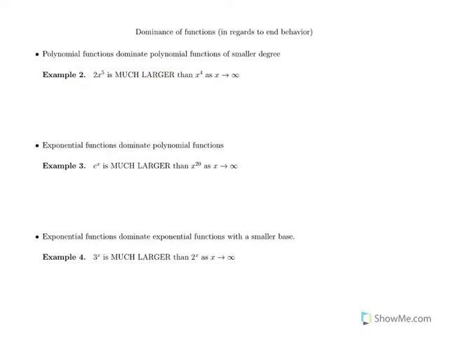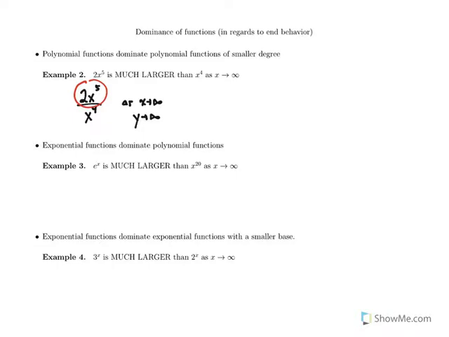And what that means is, if I look at 2x to the 5th over x to the 4th, I know that as x goes to infinity, y is also going to go to infinity, because it's the 2x to the 5th that dominates. The x to the 4th doesn't really even mean anything.